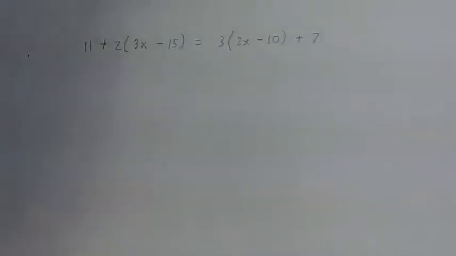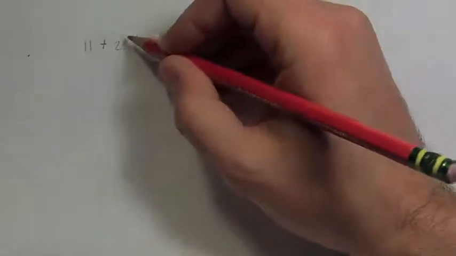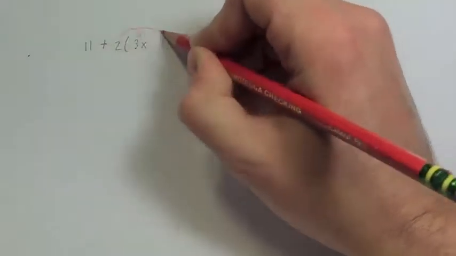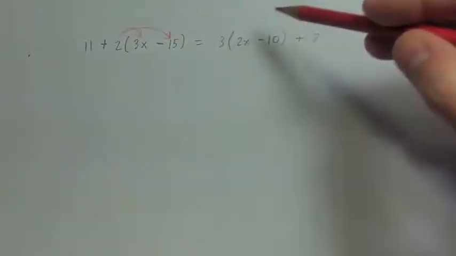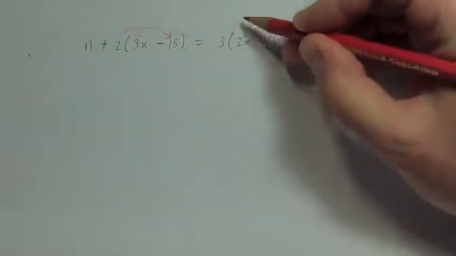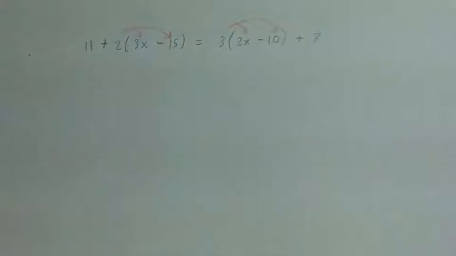So for the left-hand side of the equation, to simplify this, we're going to start by distributing this 2. Okay. And to simplify on this side of the equation, we're going to distribute this 3.